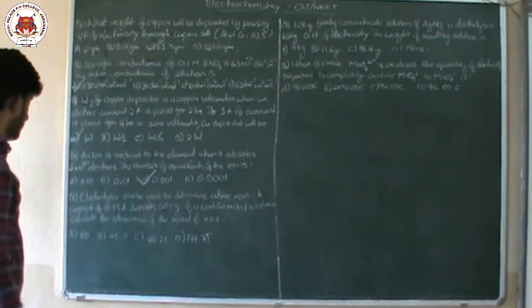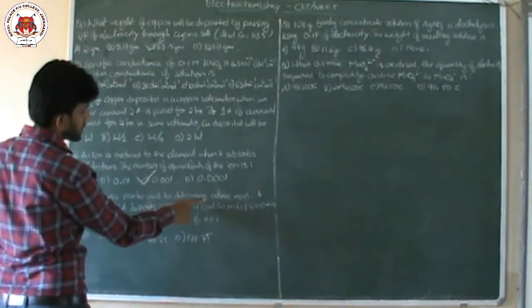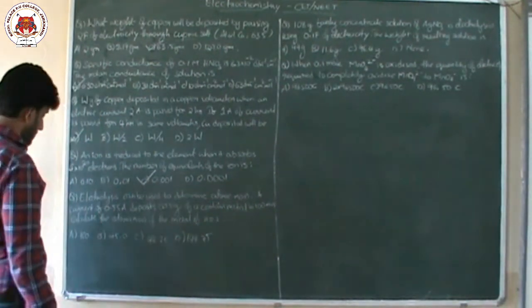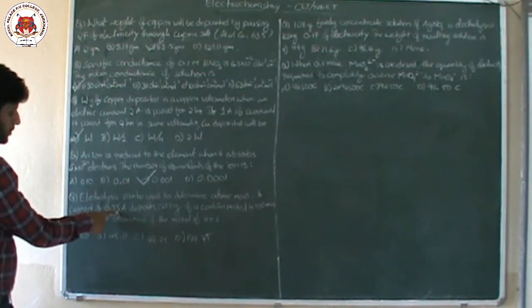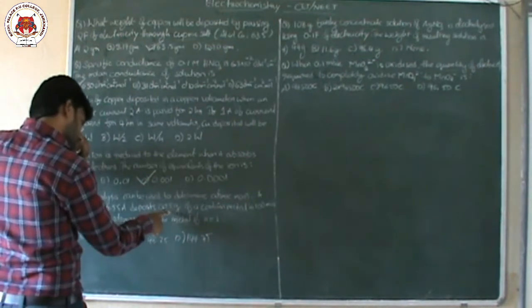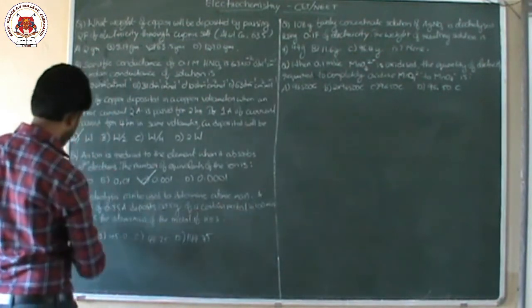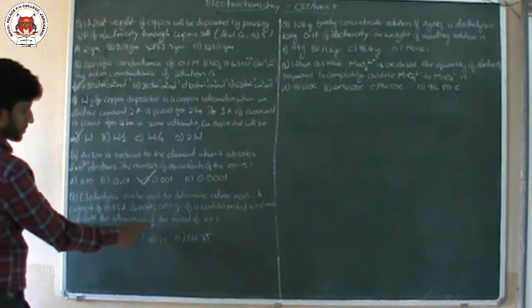Next, electrolysis can be used to determine atomic mass. A current of 0.55 amperes deposits 0.55 grams of a certain metal in 100 minutes. Calculate the atomic mass of the metal.